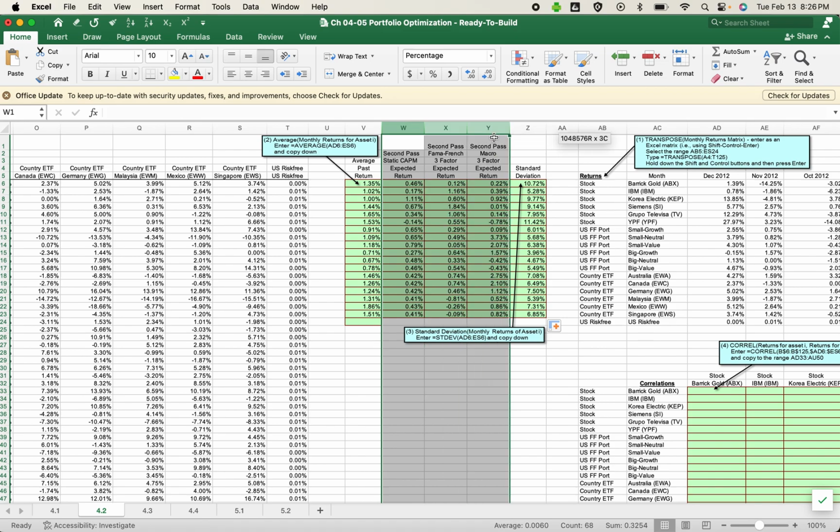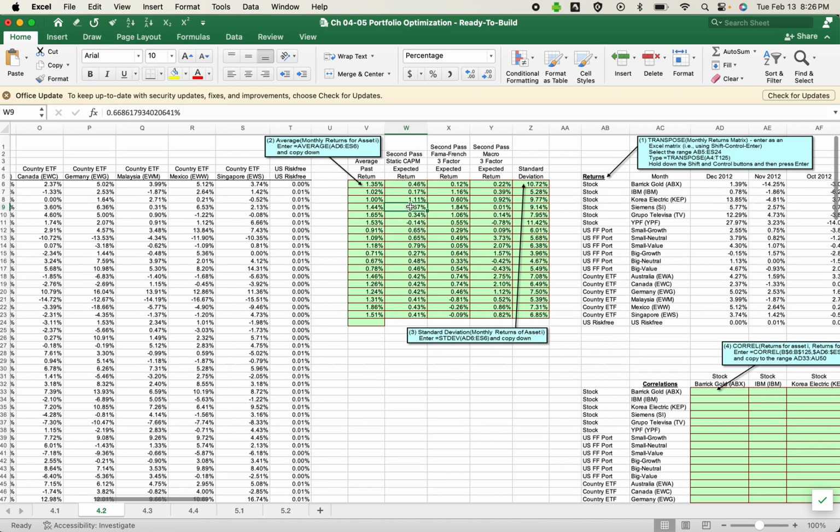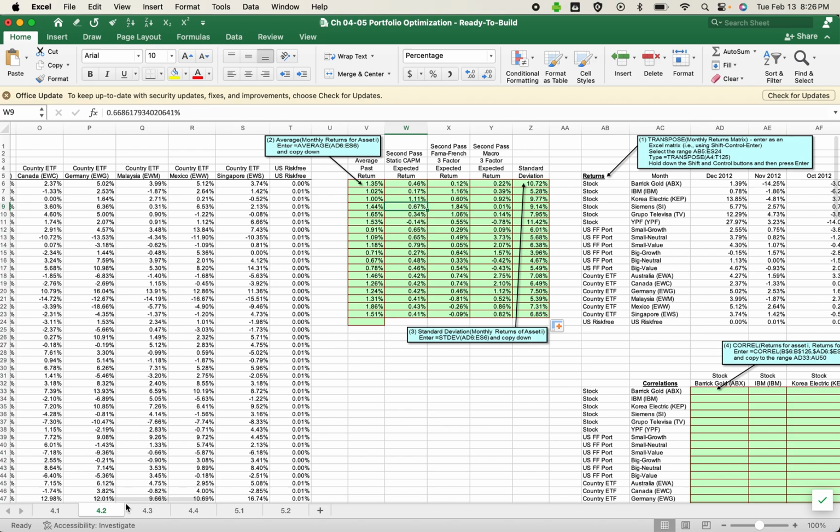Now, what are these 3 columns here? These are very helpful, and you will see in further tabs that they can be used in variation of estimating returns. Why? The average past returns is a good way to summarize past observations, but there is a bias to it. Because for this stock, Barrick Gold, using past returns assumes that the future returns are going to be similar, within some range, the confidence interval.